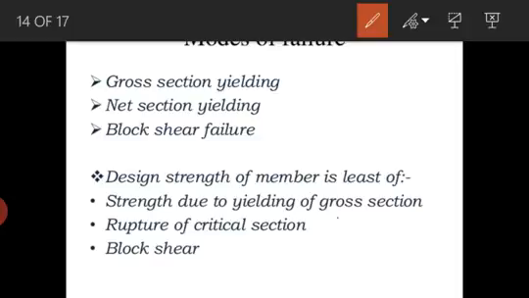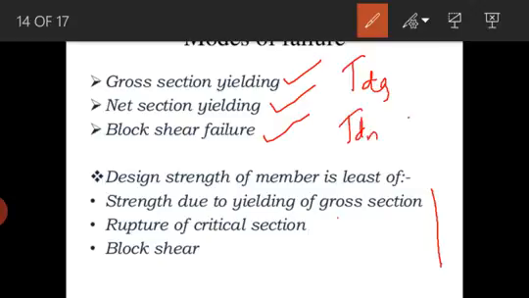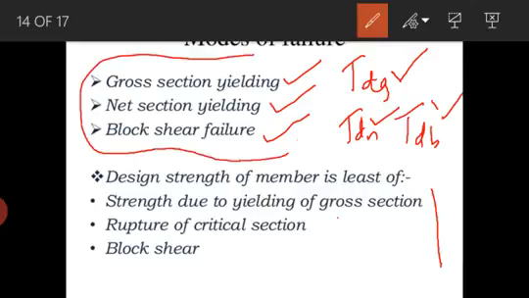So if we want to design a tension member, we have to check three things: strength due to cross section yielding, strength due to net section rupture, and strength due to block shear. That is what we call TDG, TDN, and TDB. Basically, tensile members may fail because of these three cases.